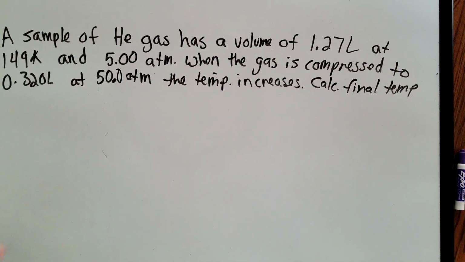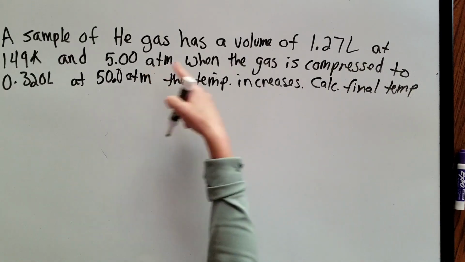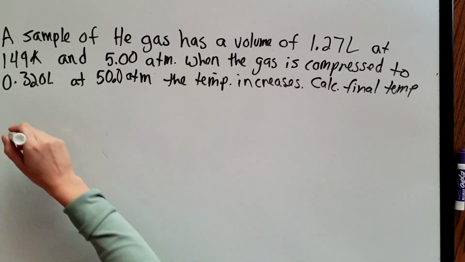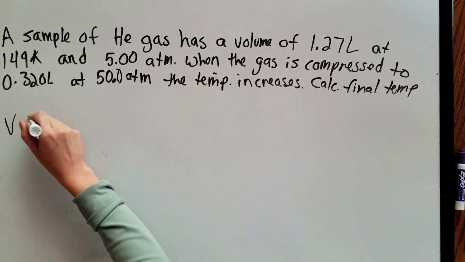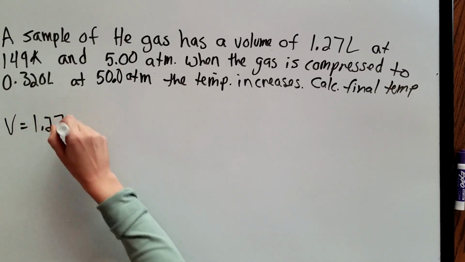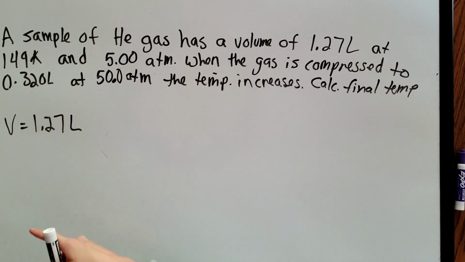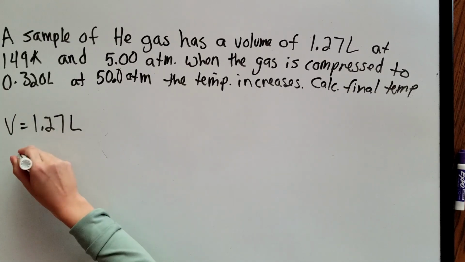All right, so let's do our knowns and unknowns so we can find the appropriate equation. First piece of information given, volume of 1.27 liters. Then we come across 149 K, and that is what?